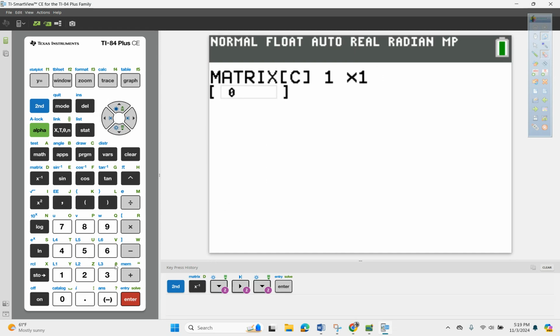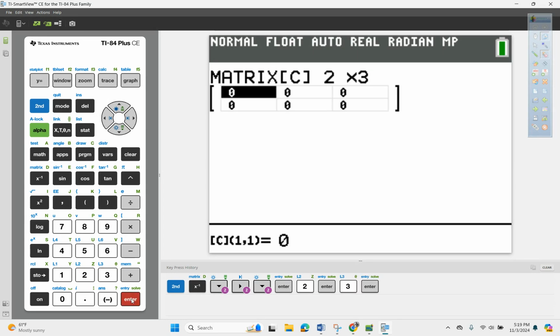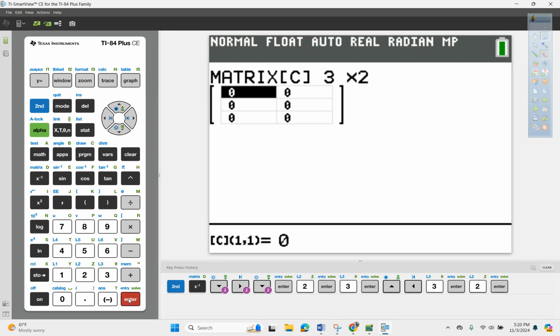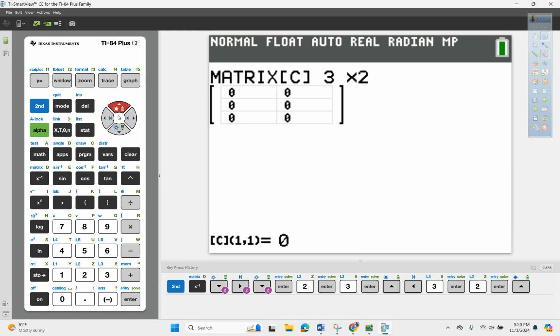What size was it? Well, it was 2 rows, enter, and 3 columns. Now, does that look about right? Sure. But what if I got it backwards? I would have had a 3 here and a 2 there, and you're going like, that don't look right. So thankfully, it kind of self-corrects itself, doesn't it? So I'm going to hit back up here and get these things where they belong, and say 2 rows by 3 columns.